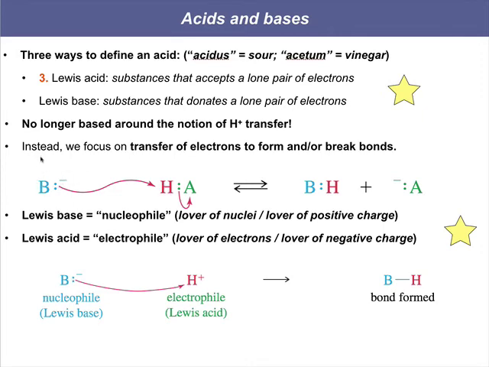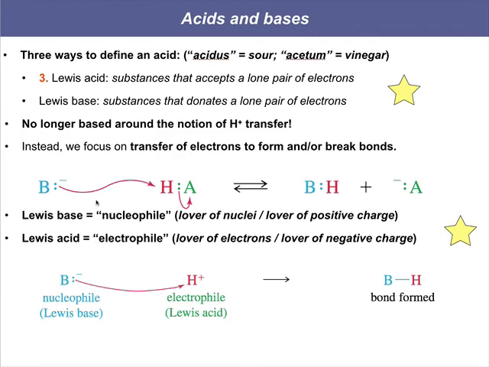So the fact that this is the base and wants to donate the electrons means that it has excess electrons. It's got a negative charge. It's going to be the nucleophile. It is the lover of nuclei, or a lover of positive charge. So we are going to use those terms largely interchangeably. A Lewis base is a nucleophile.